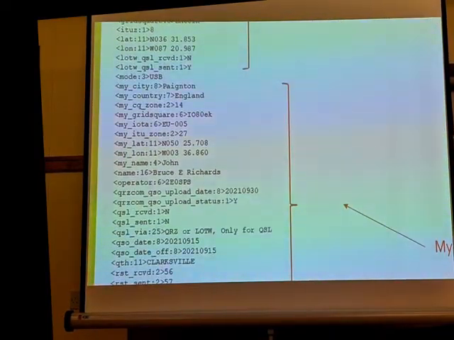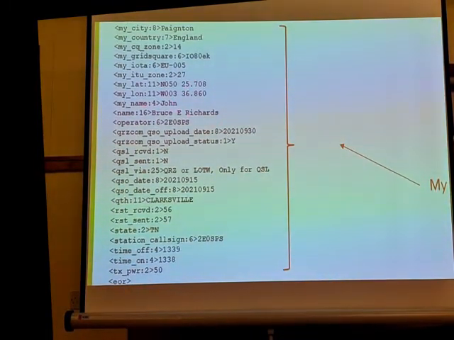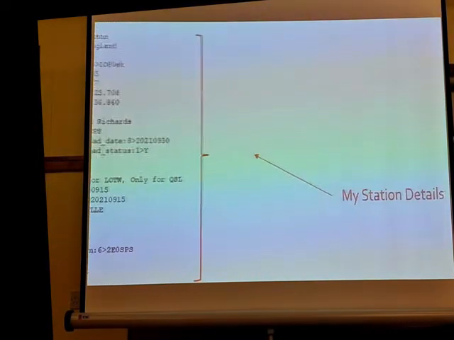And then here are my details: Paignton, England, my zone, etc. This is the person I worked. This is my call sign, the date that the log was uploaded, etc. So for every export you do, this is what each QSO will look like. Okay.